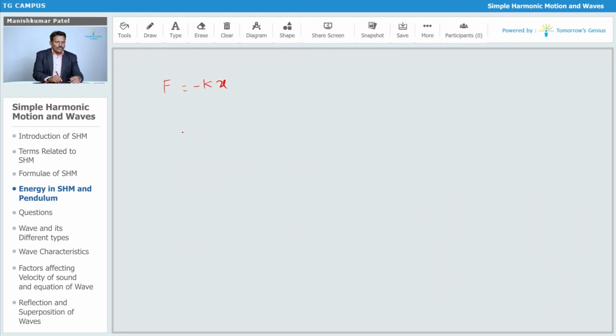For this case, the total force is nothing but F1 plus F2, so I can write it as minus k1 x minus k2 x, as the elongation produced in both springs is the same.